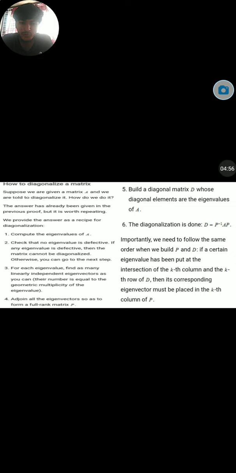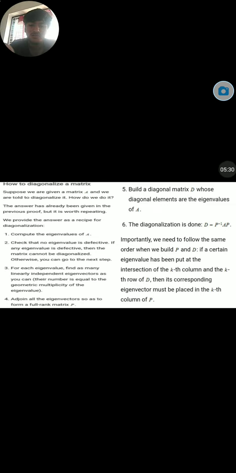First, compute the eigenvalues of A, using the formulas we read before, and check that no eigenvalue is defective. If any eigenvalue is defective, then the matrix cannot be diagonalized. Otherwise, you can go to the next step.